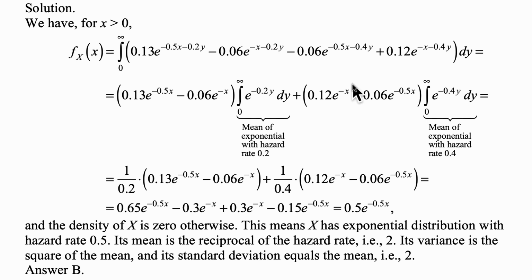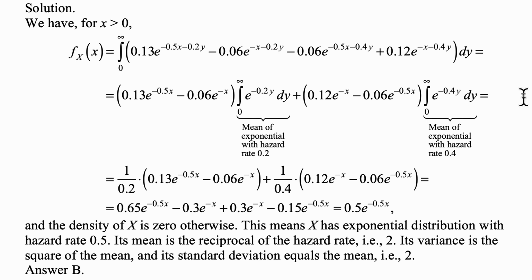And then, for the second pair of expressions, we have 0.12 e to the minus x minus 0.06 e to the minus 0.5x multiplied by a common integral from 0 to plus infinity of e to the minus 0.4y dy. And that's the integral of the survival function of the exponential distribution with hazard rate 0.4. So it's the mean of that distribution, which is, of course, the reciprocal of the hazard rate.